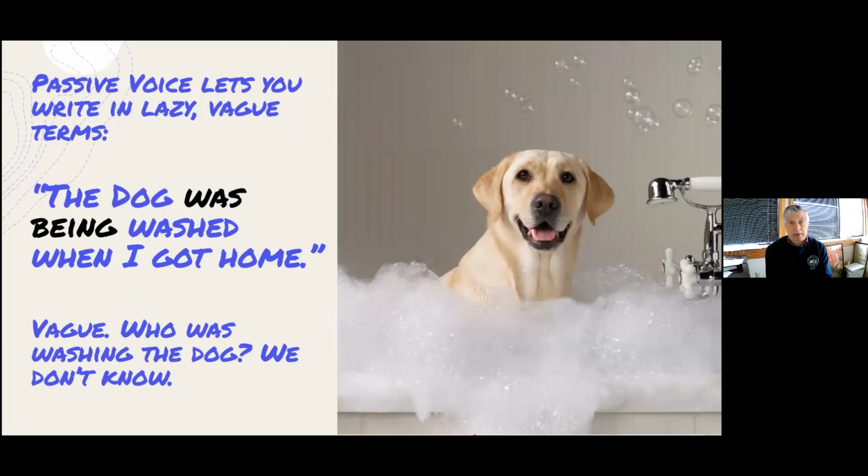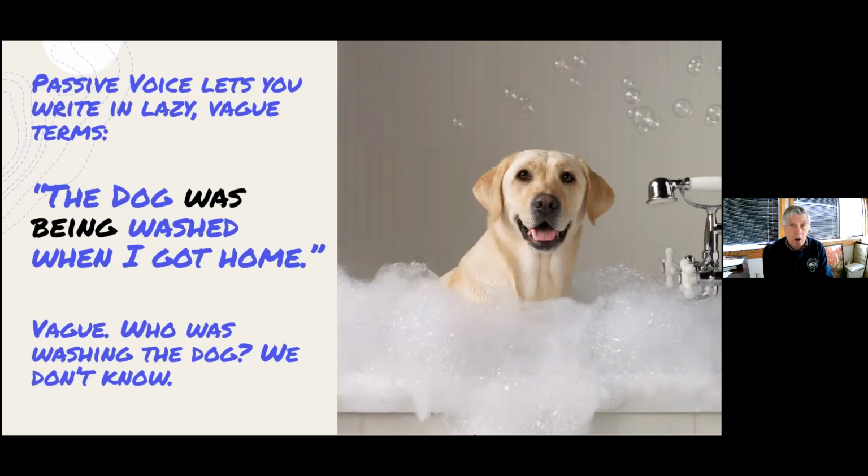All right. One of the problems with passive voice is that it lets you get lazy and it lets you be vague. You know, the dog was being washed when I got home. Where's the is word? Yeah, was. All right, so it's vague. It lets you kind of skate by. You can just say the dog was being washed.